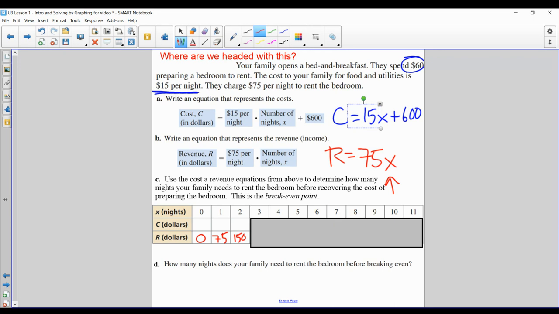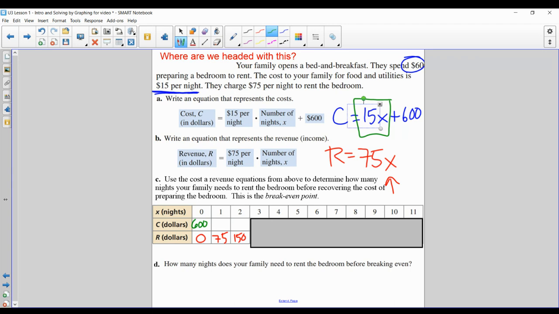Let's look at the cost equation. So the cost equation for 0 nights means that this x is 0. 15 times 0 is 0. So it's still going to cost me $600 to have gotten that room ready, even before anyone stays there.